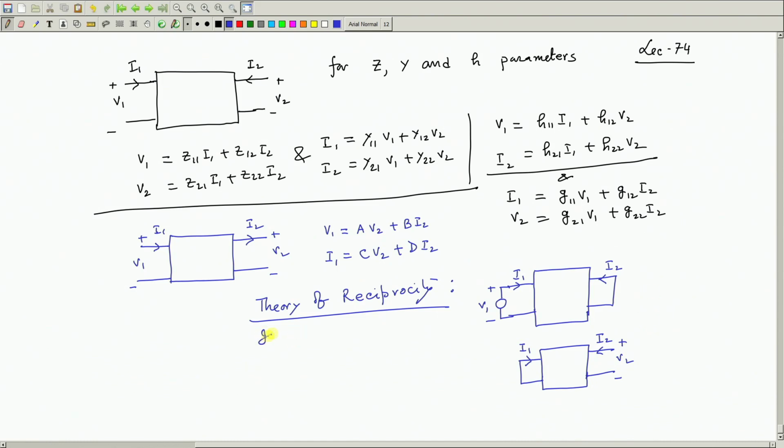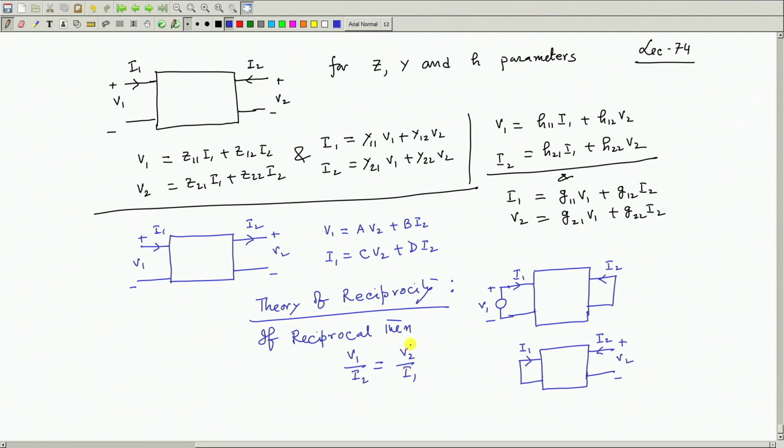If reciprocal, we have discussed it earlier, then we know that V1 by I2 should be equal to V2 by I1. It is always true; while describing the reciprocity theorem, we established this.